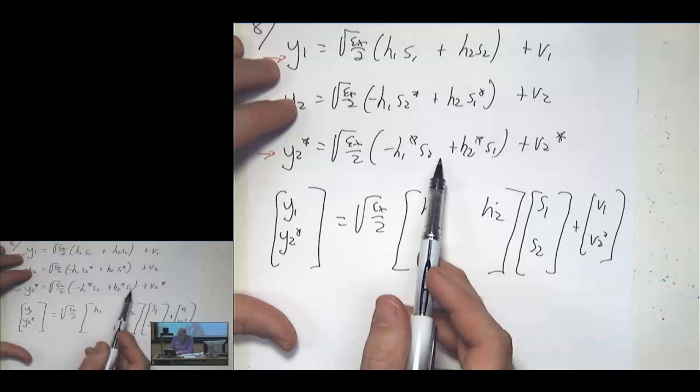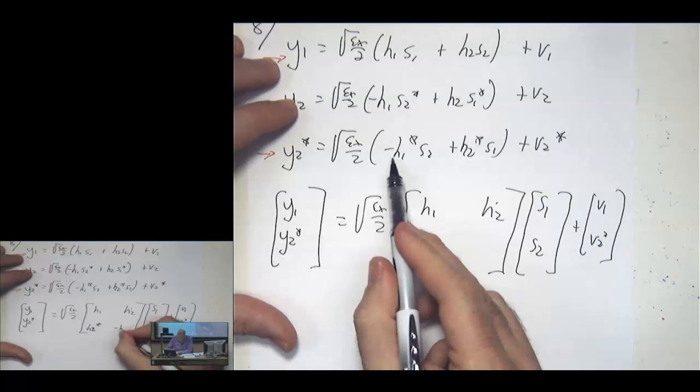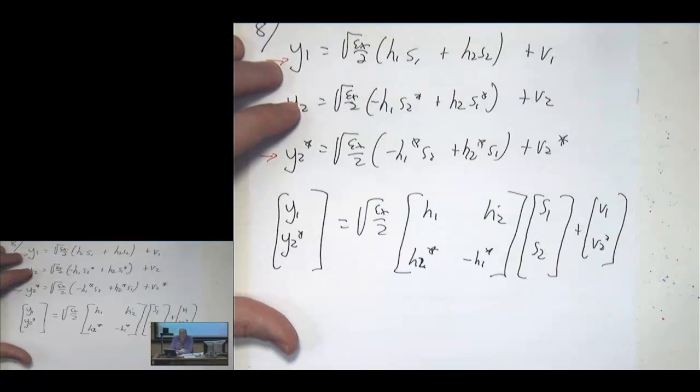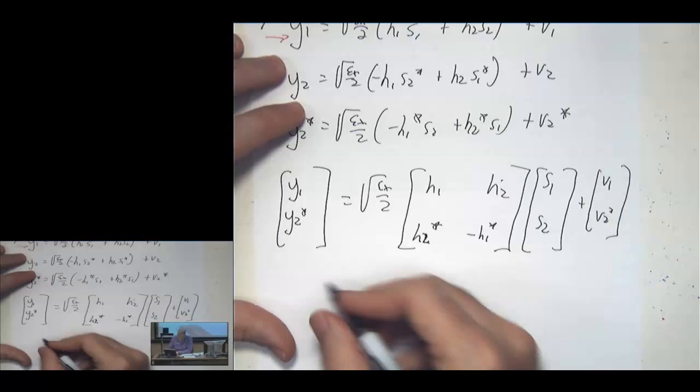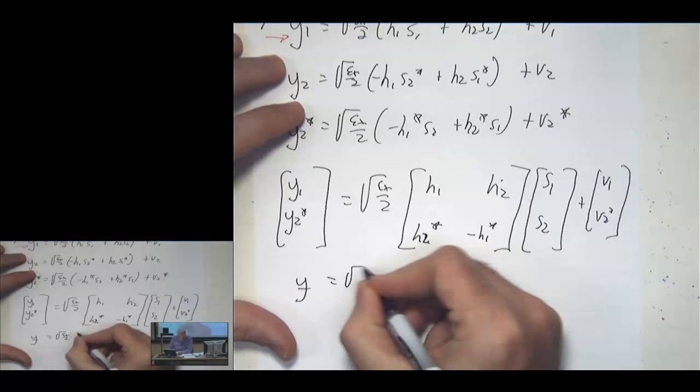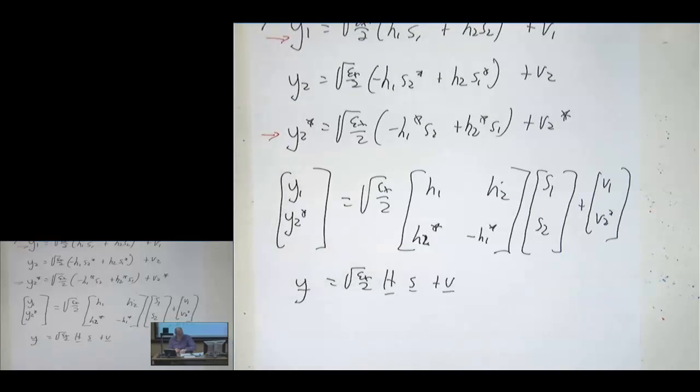We have h2 star times s1, so we're going to put h2 star here, and we're going to put minus h1 star here. And then we can write this in matrix form as y equals square root of Ex over 2 H S plus V. This is going to be like an equation that we'll see when we talk about MIMO communication.